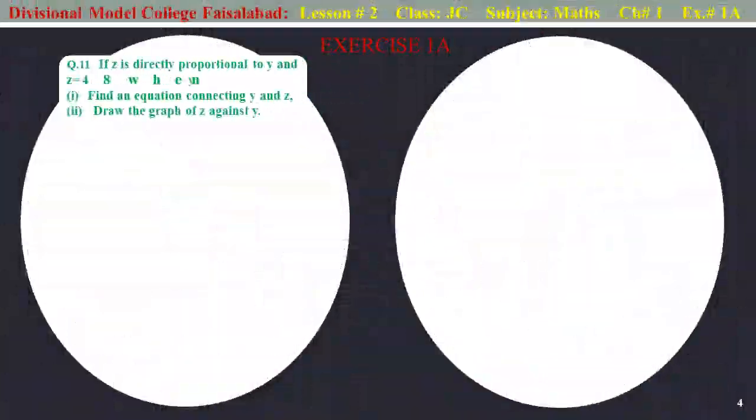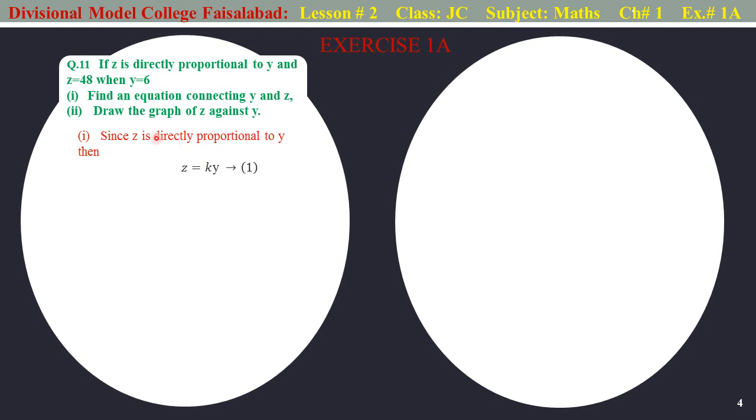Now let us look at question number 11. In this question, it is given that z is directly proportional to y. Now letters are changed. On the left hand side there is z, and on the right hand side there is y. And the values of z and y are given. We are asked to find an equation connecting y and z. So this is very simple, because it is given that z is directly proportional to y. Then we can write this relation in algebraic form as z is equal to ky, which is our equation number 1.